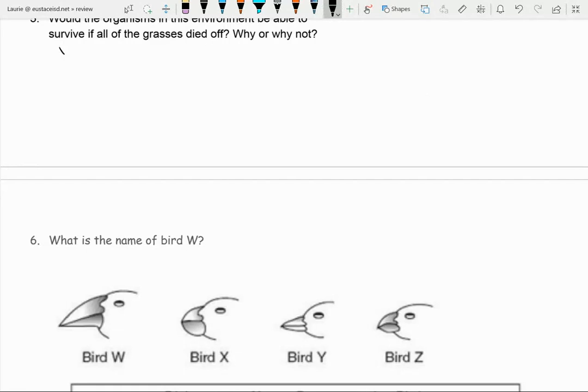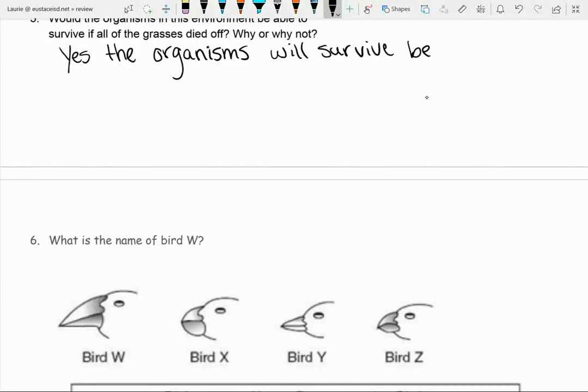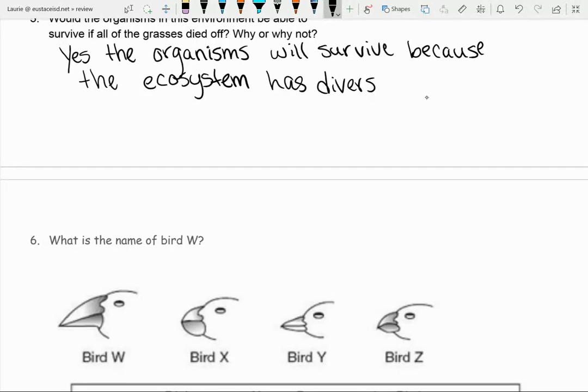So we can say, yes, the organisms will survive because the ecosystem has a diverse population of plants.